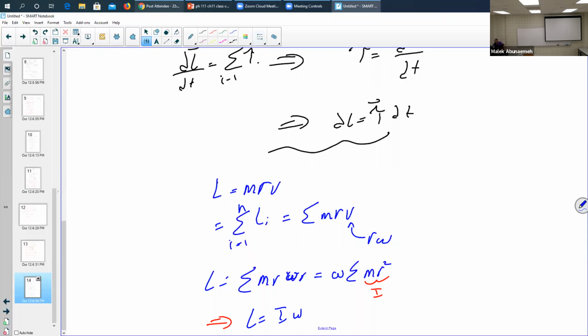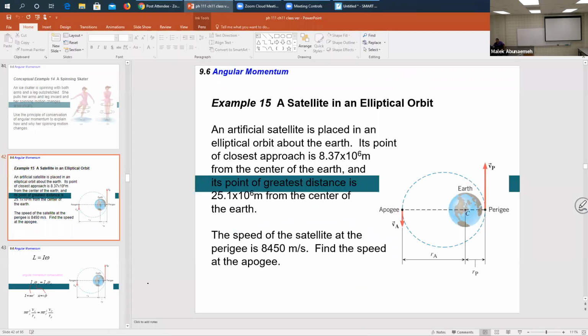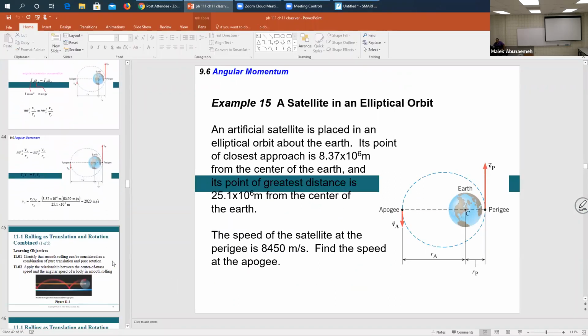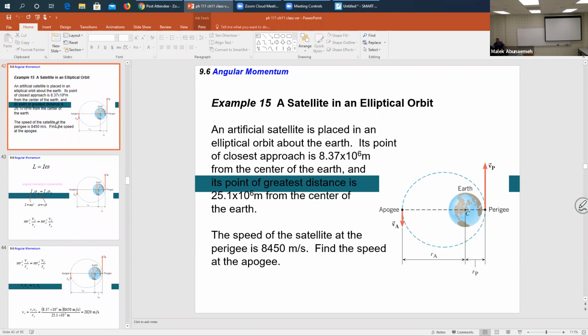So looking back over here, let's do this question real fast. An artificial satellite is placed in an elliptical orbit about the Earth. A bogey, or apogee, is when the satellite is far away from the Earth.